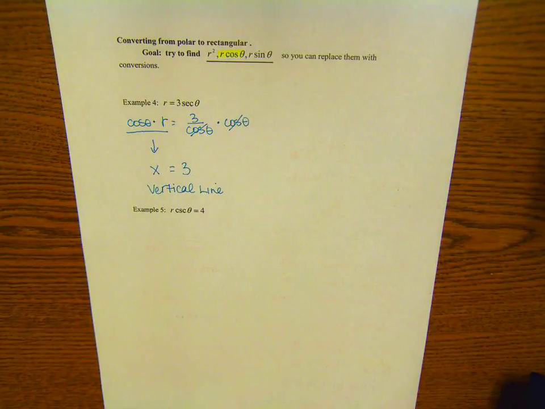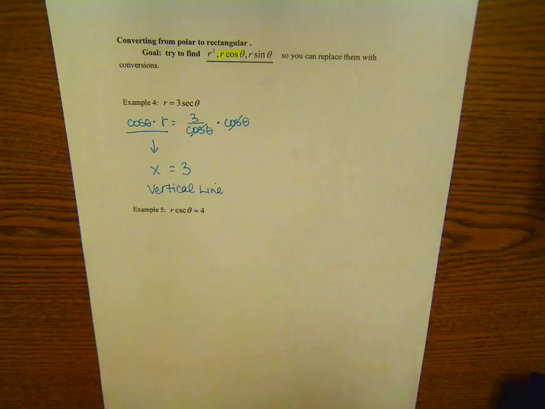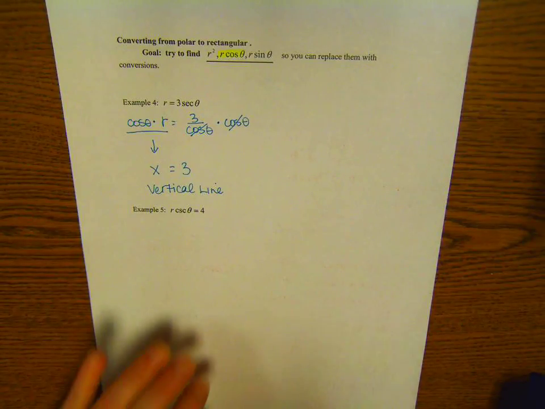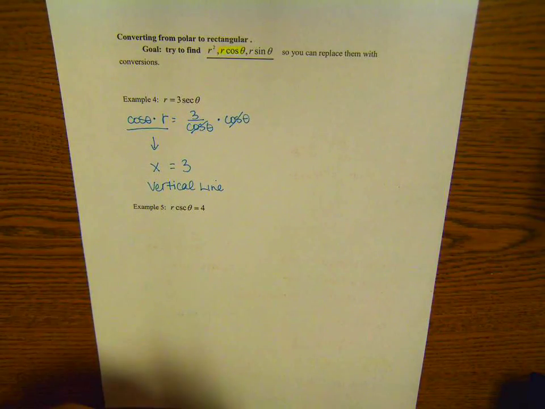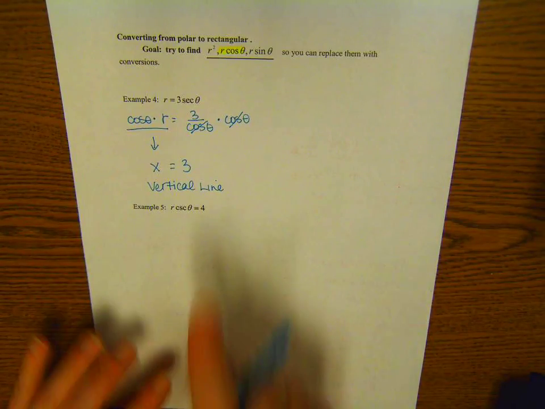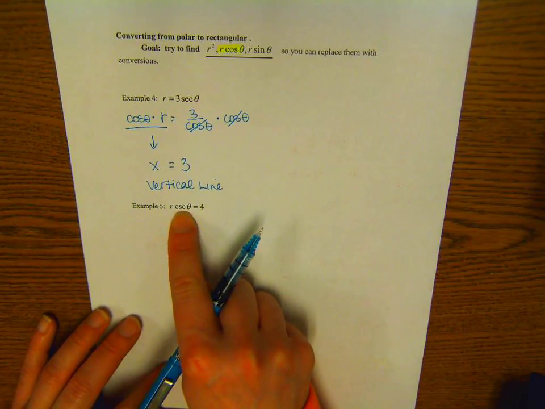We've studied lots of different functions so far, so there's lots of different examples I could do, but let's do one like this, where at first it looks the same, but it's actually different because the cosecant is on the same side as it. So this is the same as r over sine of theta equals 4.